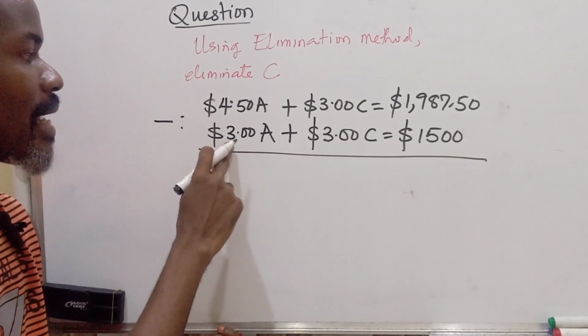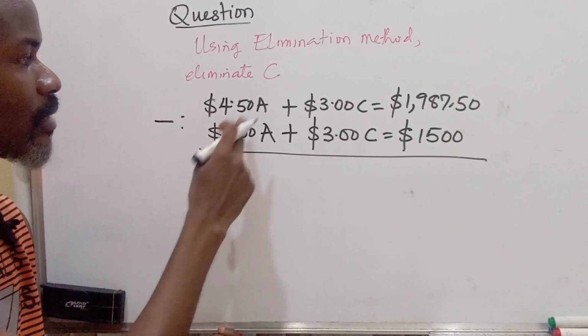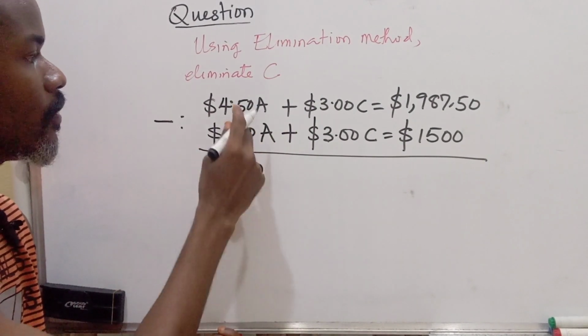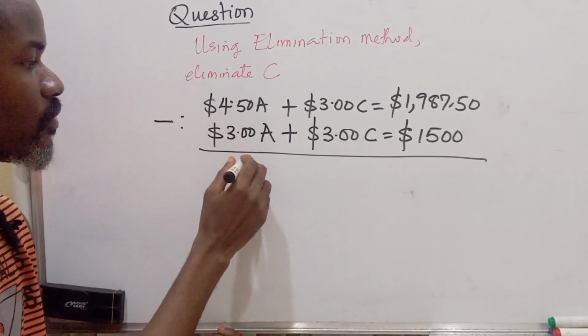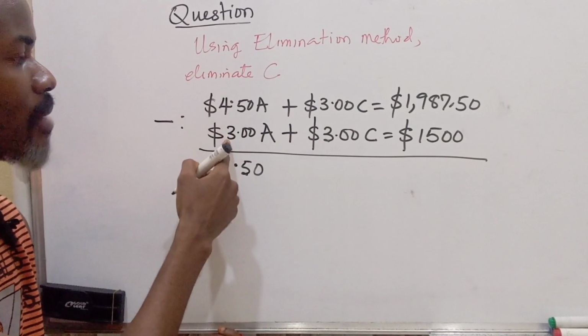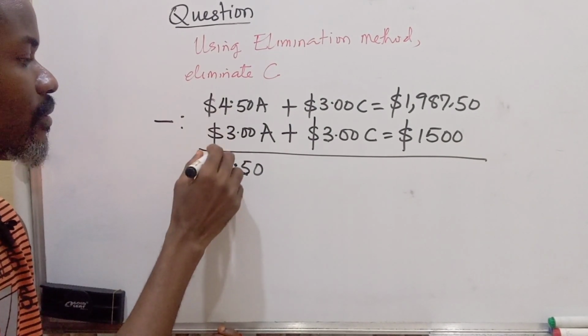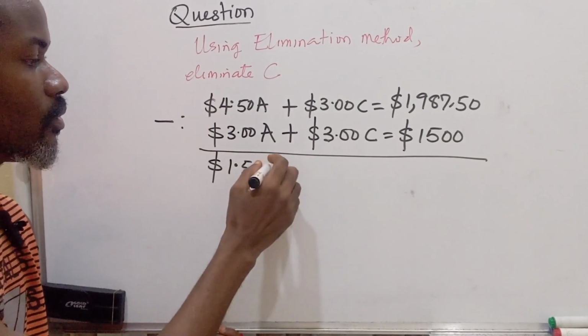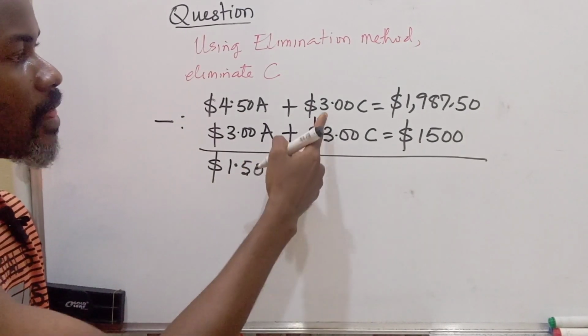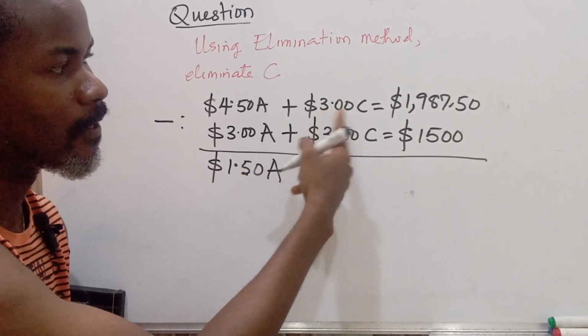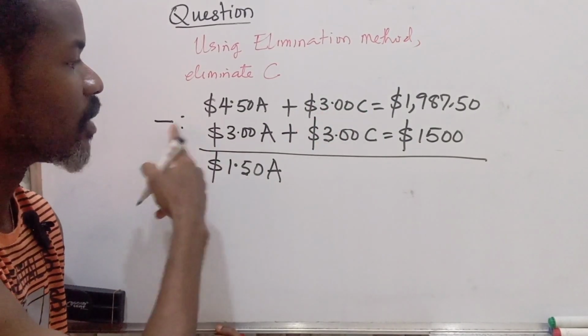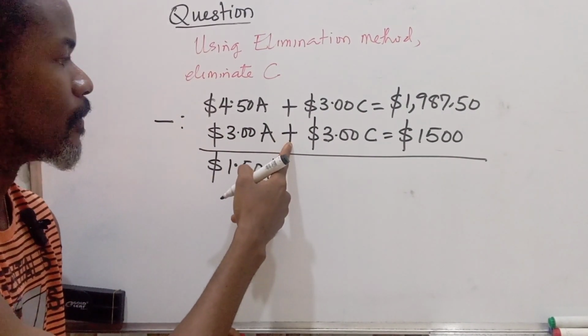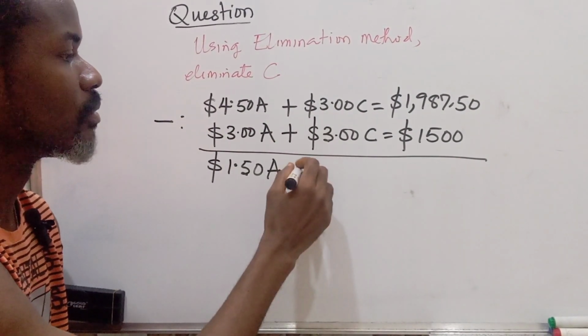So we have this minus this. 0 minus 0 is 0. 5 minus this is 5. 4 minus 3 is 1. So I have 1.50A. Now $3 times the children, minus, is minus.